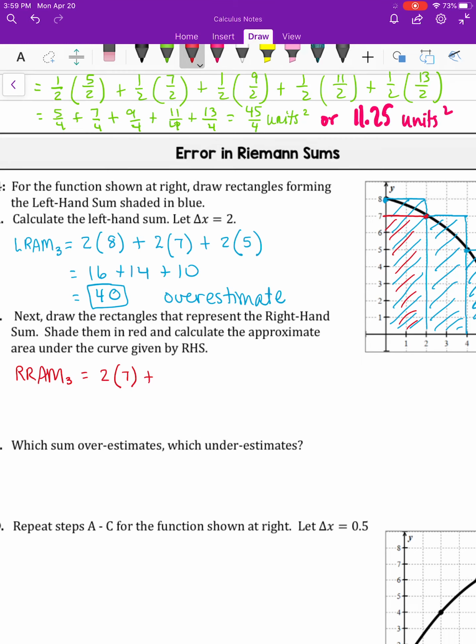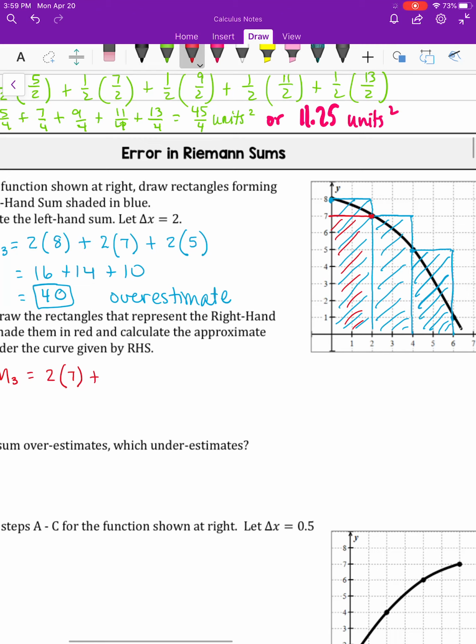You can see that is a little bit of a different rectangle, but it still has the width of 2. So this is RRAM with 3 rectangles. And so it's still going to be 2 times, now this time it's going to be 2 times 7, because I'm using the right-hand side, and that's at 7.